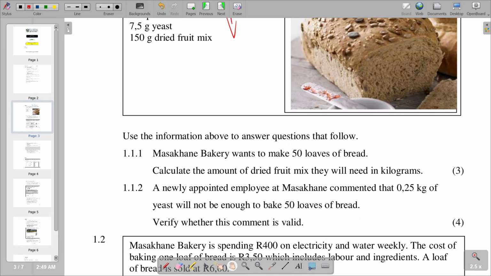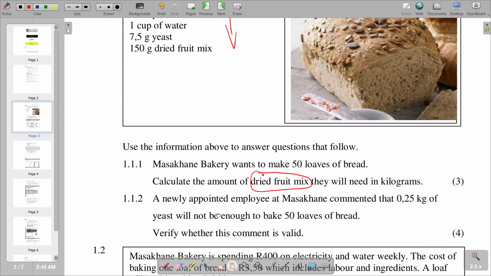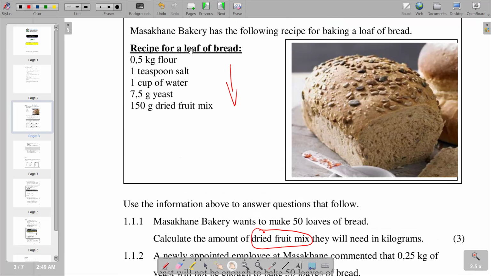So we can see that the question needs us to calculate the amount of dried fruit mix they will need in kilograms. Obviously, the ingredients that we are given here are pertaining to one loaf of bread. But in this case, we have got 50 loaves.